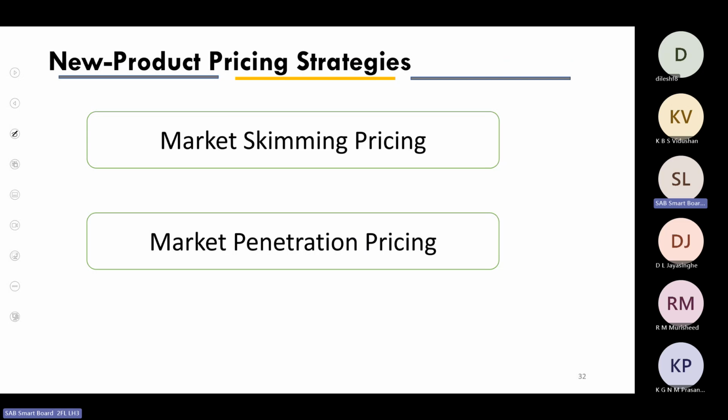When a new product is introduced to the market, there are two strategies that companies follow. The first one is market skimming, and the second one is market penetration pricing.